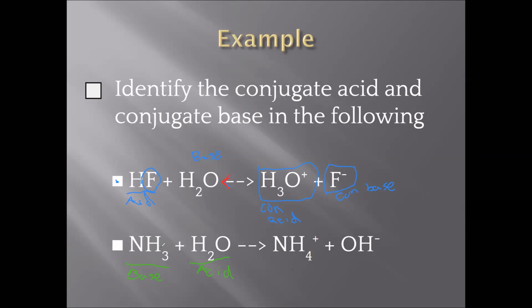The thing that forms after the base accepts the hydrogen ion, so this thing, is your conjugate acid. And the thing that forms after the acid donates that hydrogen ion, this is your conjugate base.